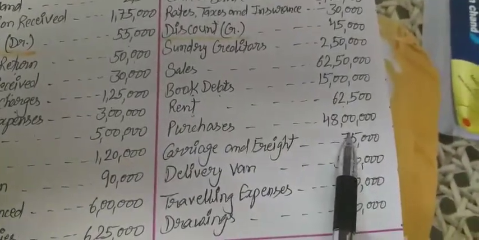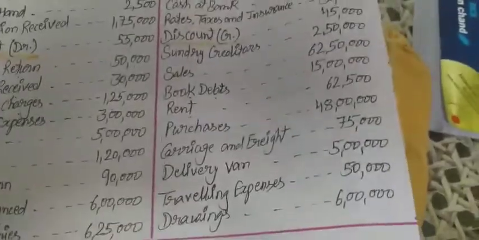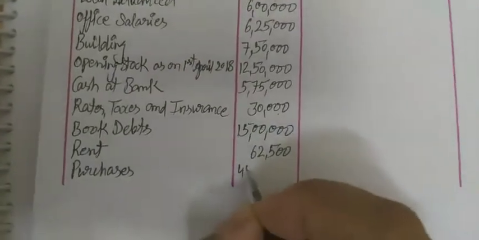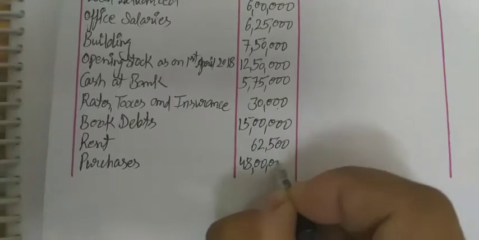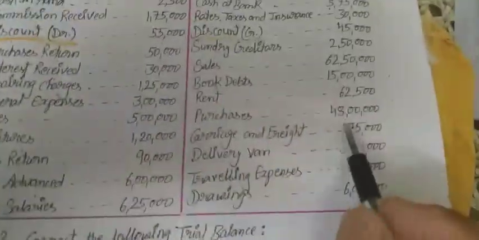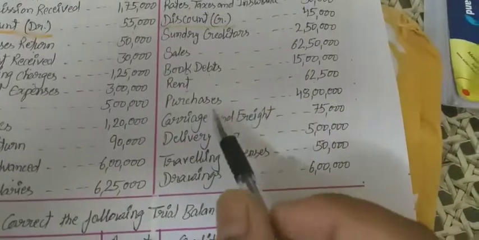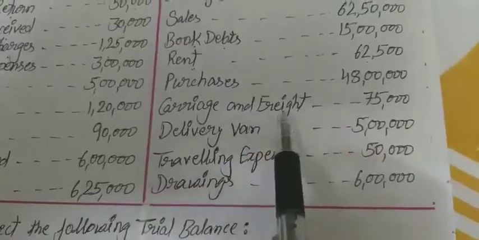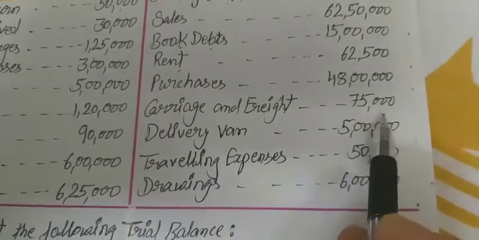And next one is purchases. Expenses for business, so that will come in debit side. Purchases 48 lakh of rupees. Okay. Next students, after purchase there is carriage and freight, 75,000.